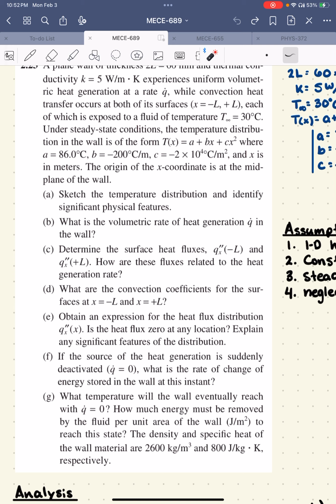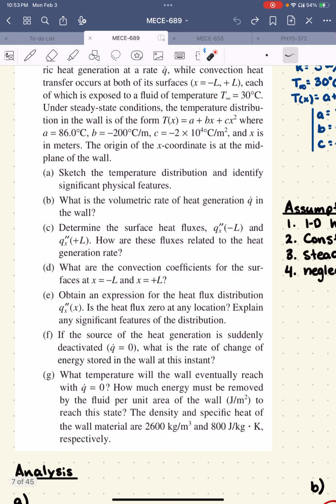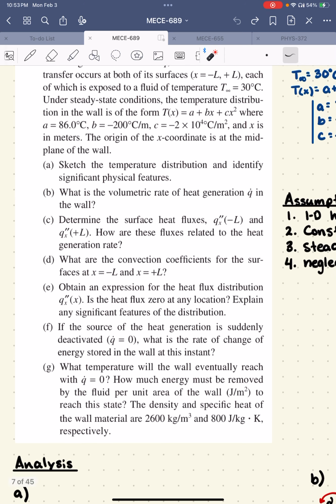And we're going to be asked to sketch the temperature distribution in the wall, find the volumetric heat generation in the wall, determine the heat fluxes at each wall, determine the convection coefficient at the boundary conditions, and obtain an expression for heat flux distribution, as well as turn off the heat generation source and determine what the rate of change of energy stored in the wall is, as well as what temperature the wall will get to when Q dot is equal to 0 and how much energy will be removed from the wall per unit area.